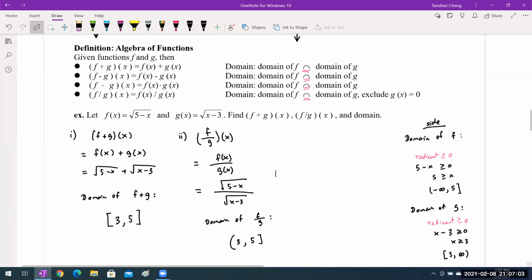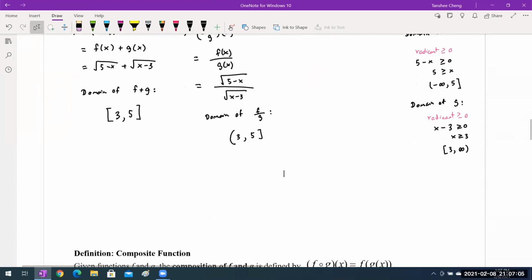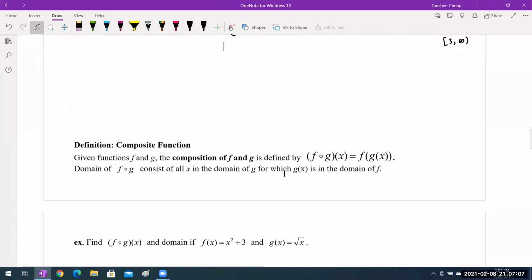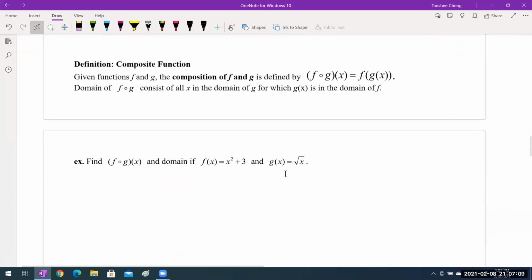Moving away from this part, we are looking at the composition functions. The composition function f composed g of x is written as f of g, f, then an open circle, g of x.